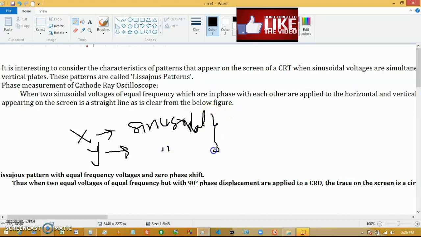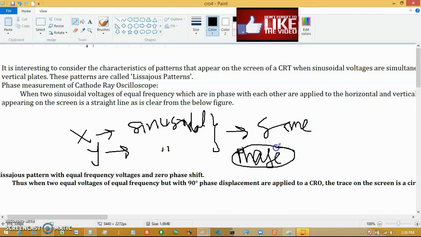The frequency of both signals must be the same, but there is some sort of phase difference between them that we want to study. Okay, so you can say that this is the definition of the Lissajous figure. This is the spelling according to the scientist's name.